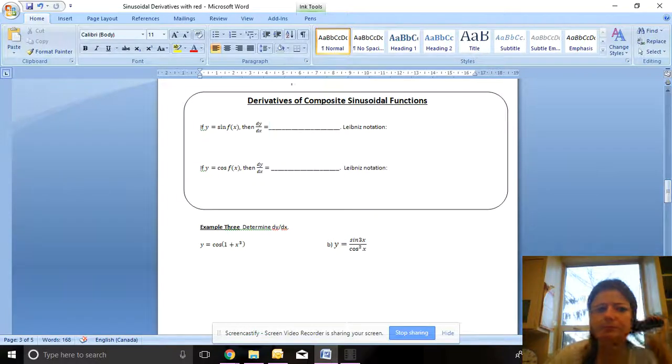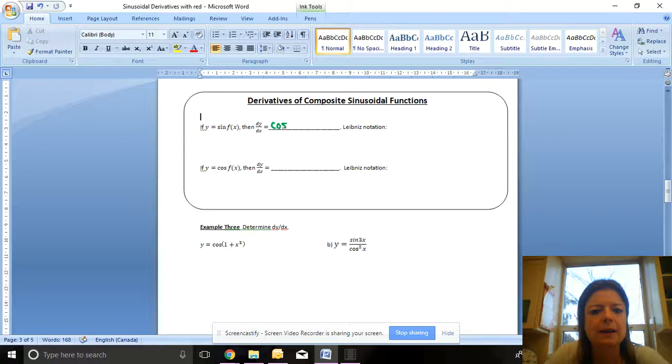Okay, so the rule then is these composite functions. So if you have sine of f at x, so whatever is inside the argument is a function other than x, then you do what we've been doing. So it's cos, and then you keep f at x the same, and then you multiply that by f prime at x.